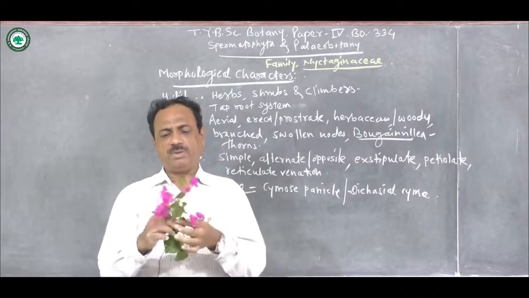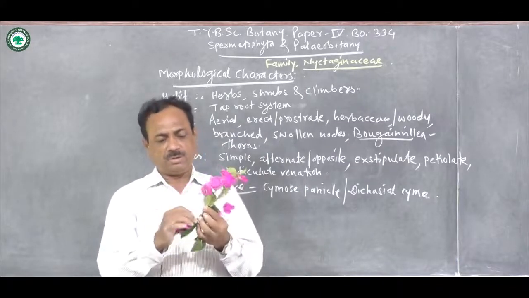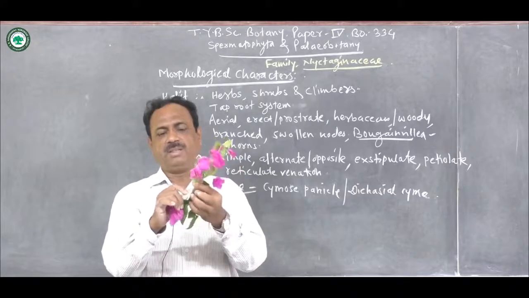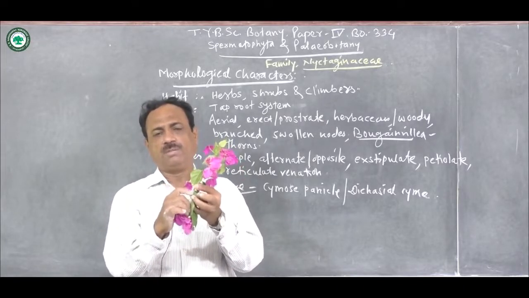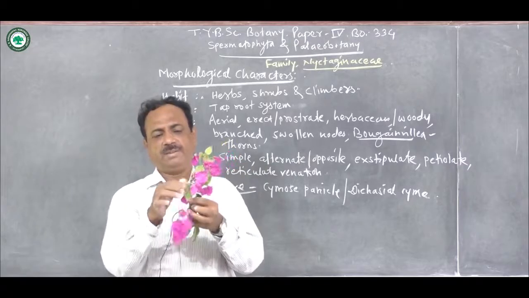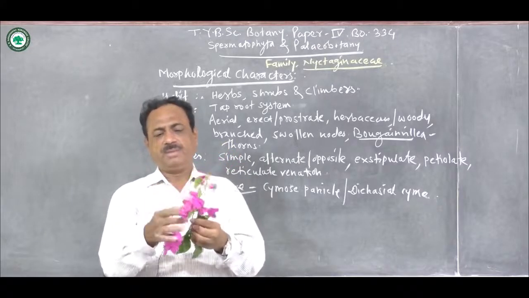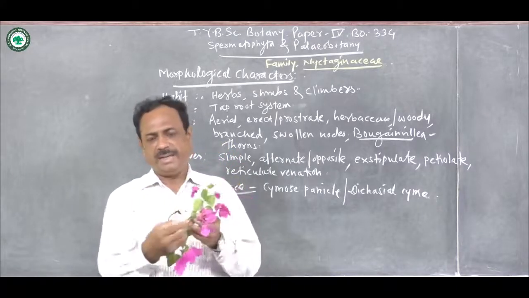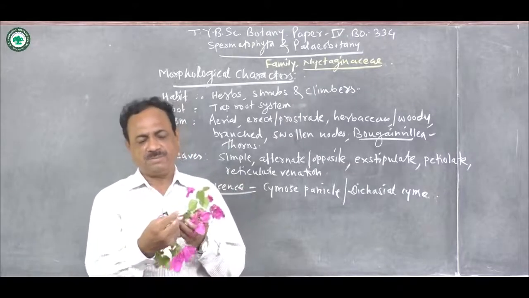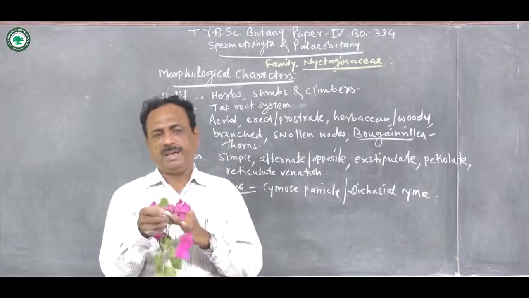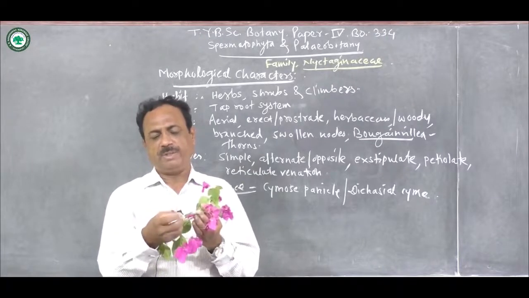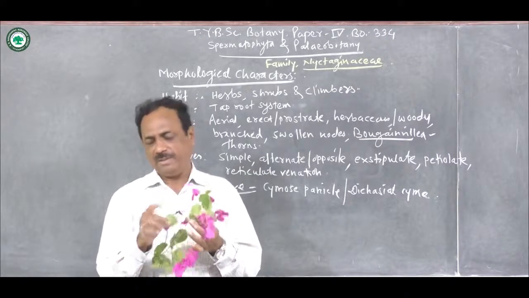Sometimes it shows the presence of thorns. Here in the axil of the leaf there is a presence of thorn, spines are present, and the leaves are entire. It shows the presence of the petiole, and the leaf lamina is ovate, with acute apex and reticulate venation.